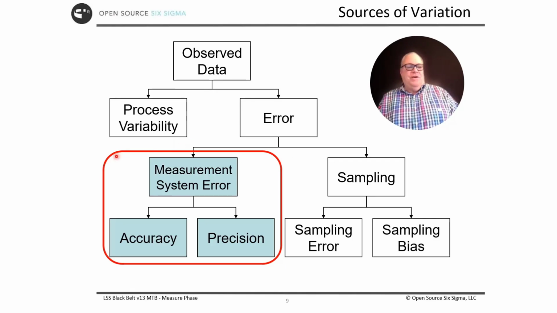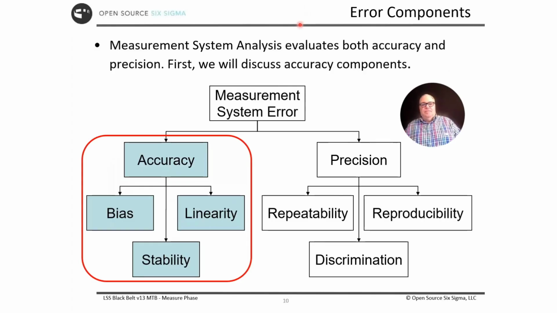We're always on guard for inflating the standard deviation or the variance of our data. So we're going to start over here on this side. What kind of errors are introduced by the measurement system, and can we quantify them and determine that they're acceptable for what we're trying to do in our improvement effort? So now we take the measurement system error leg and we break it into two branches here.